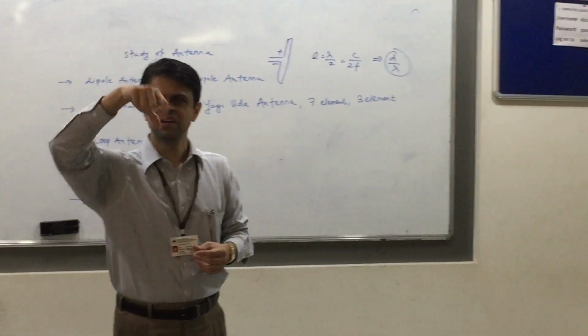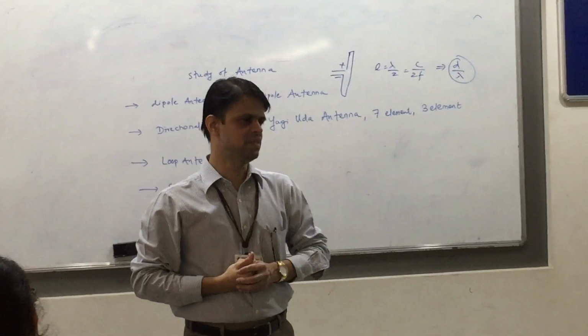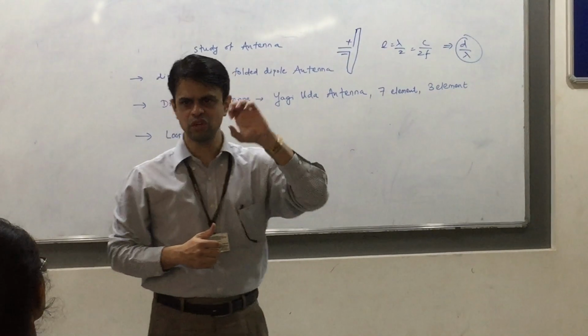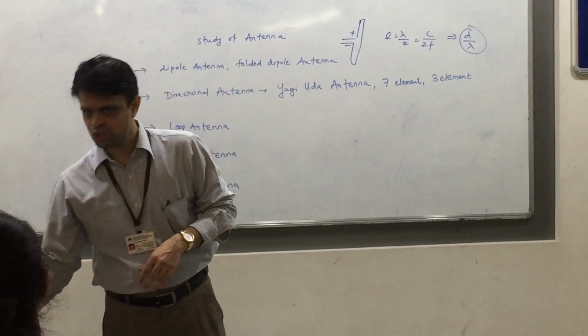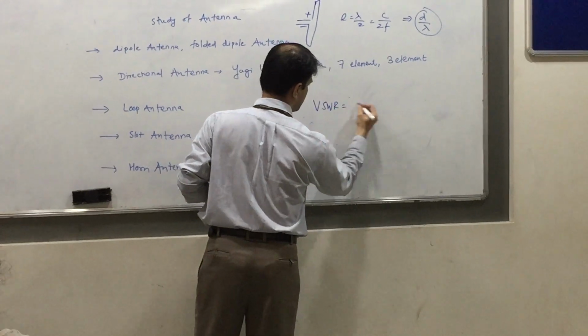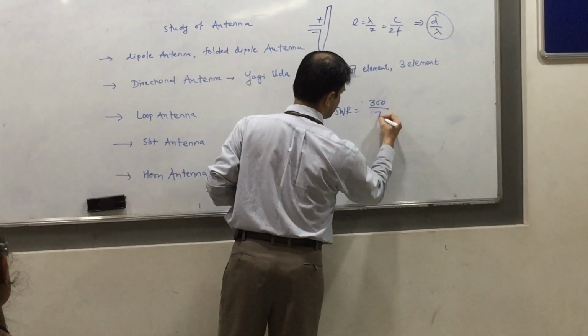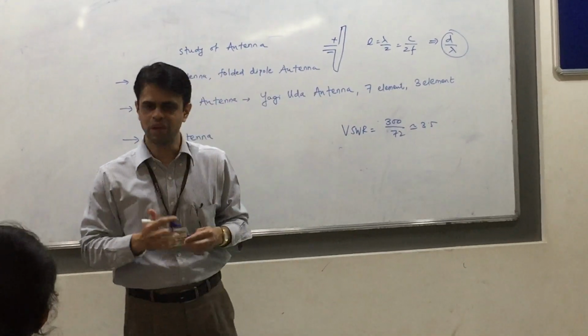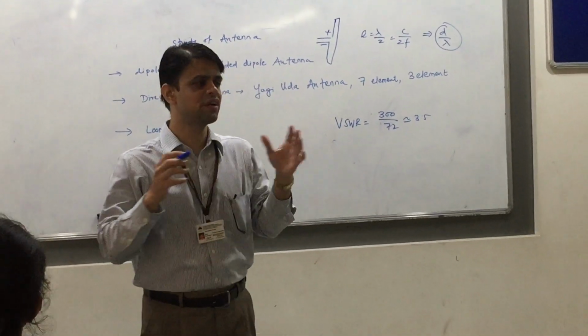That wire used to have around 300 ohm impedance. Now the dipole impedance is 72 ohm if the length of the dipole is lambda by 2. So for that the VSWR will be equal to 300 divided by 72, around 3.5 approximately. So impedance matching is not realized.